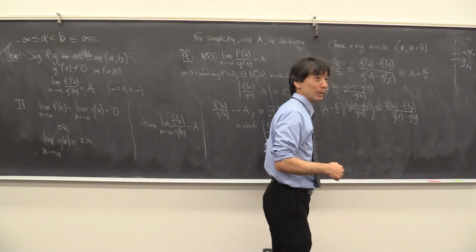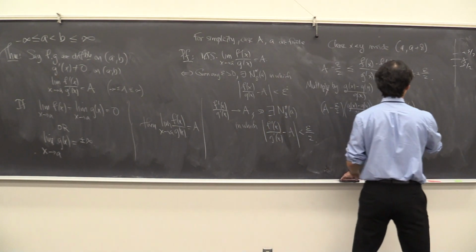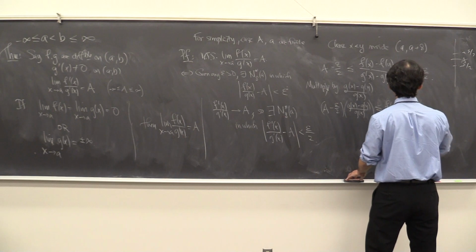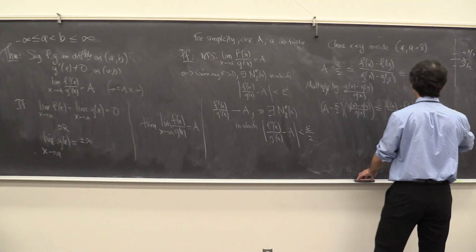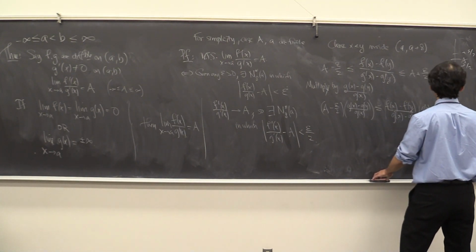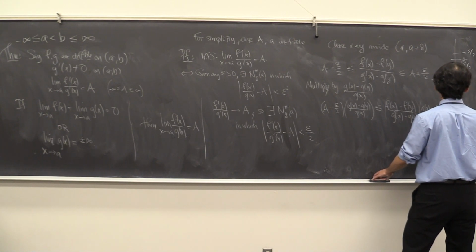Yeah, that's what we're going to do. So we have this thing times g of y minus g of x, and then A plus epsilon over 2 times g of x minus g of y over g of x.